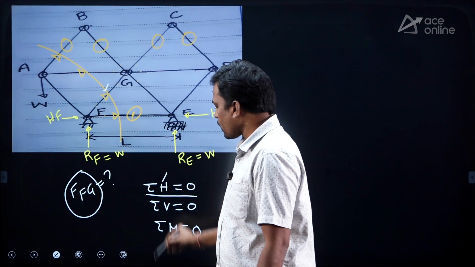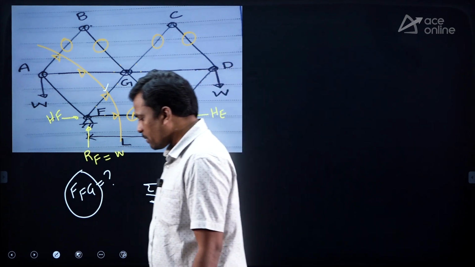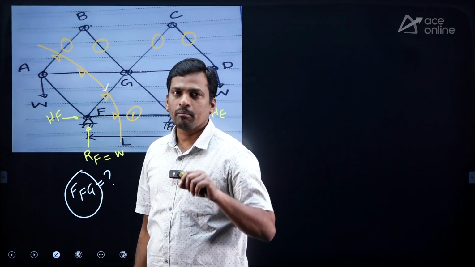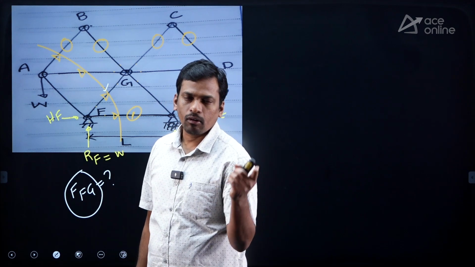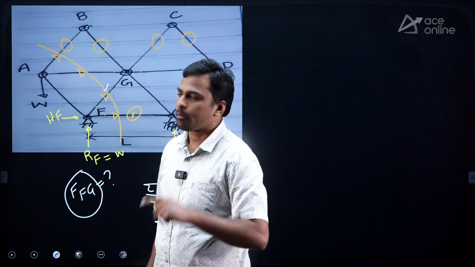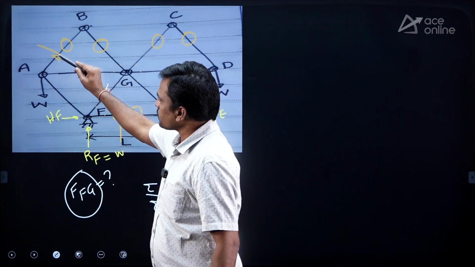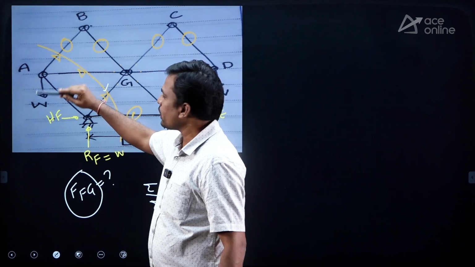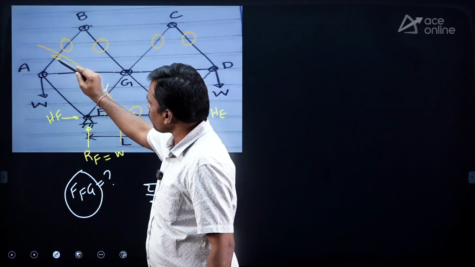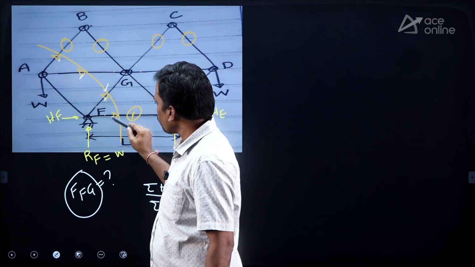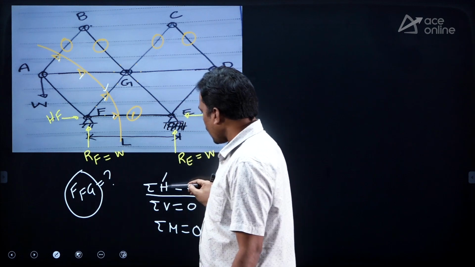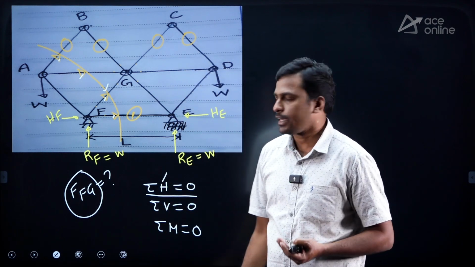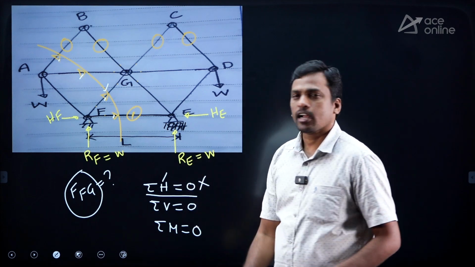Sigma h is nothing but horizontal. How many horizontal cut members are there? I told you, treat an inclined cut member as both a horizontal and a vertical cut member. So how many horizontal cut members are there? 1, 2, 3, 4. Using one horizontal equilibrium equation, we can't find 4 horizontal unknowns at a time. So sigma h is not possible.